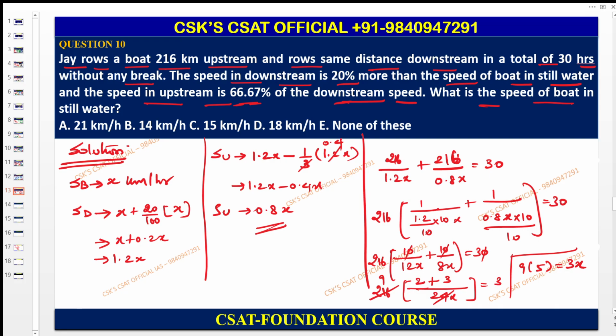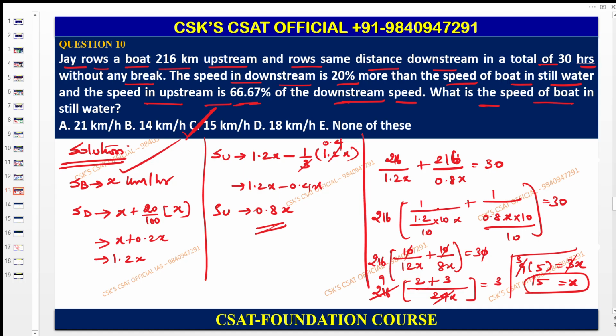Okay. Next, the speed of downstream we have found. The speed of upstream we have to find out. Now this is very important. 66.67% of the downstream, which means how much less here? 33.33% less with respect to the downstream.